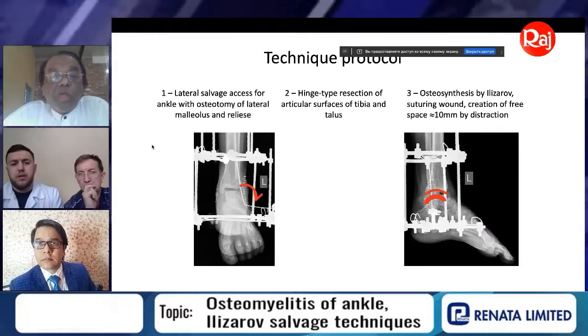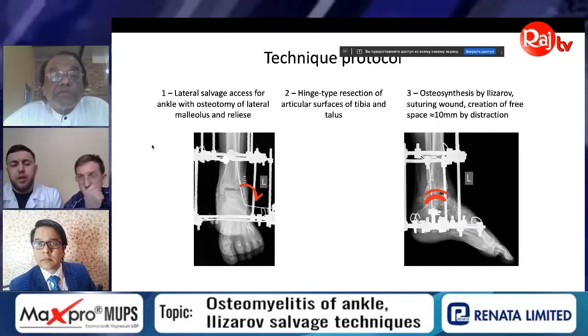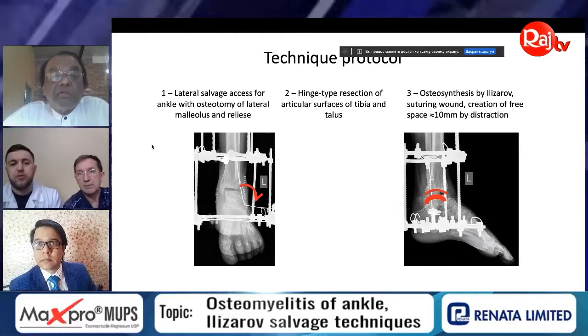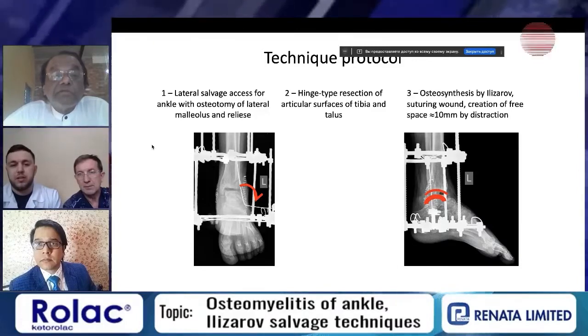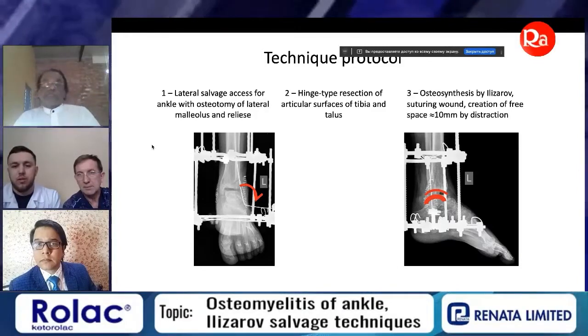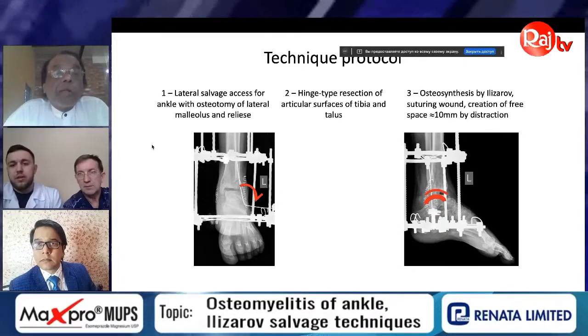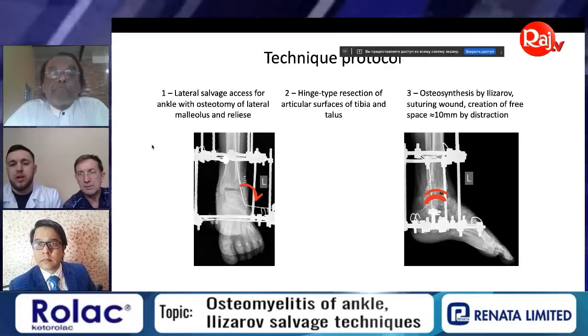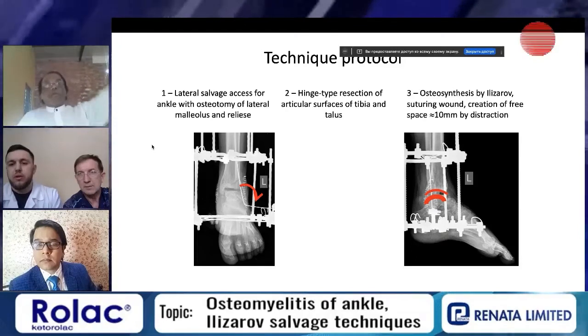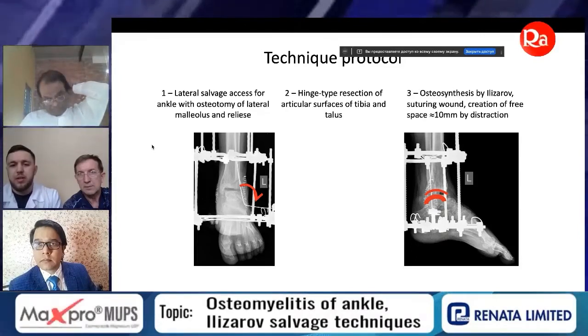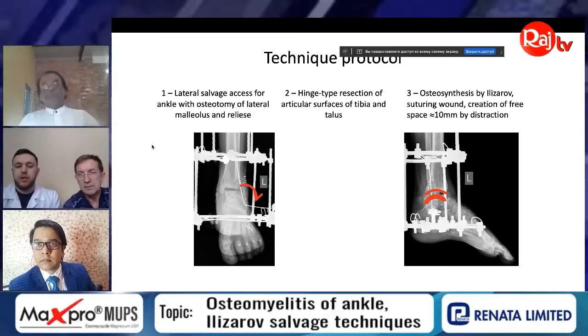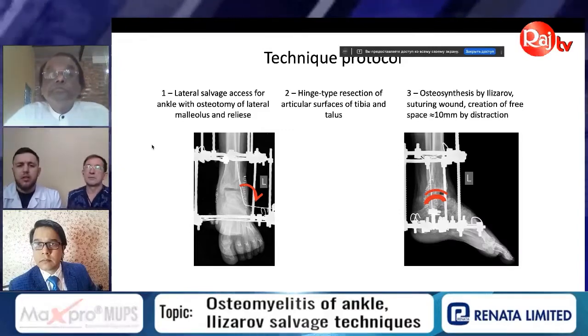Second, a hinge-type resection of the articular surfaces of the tibia and talus.